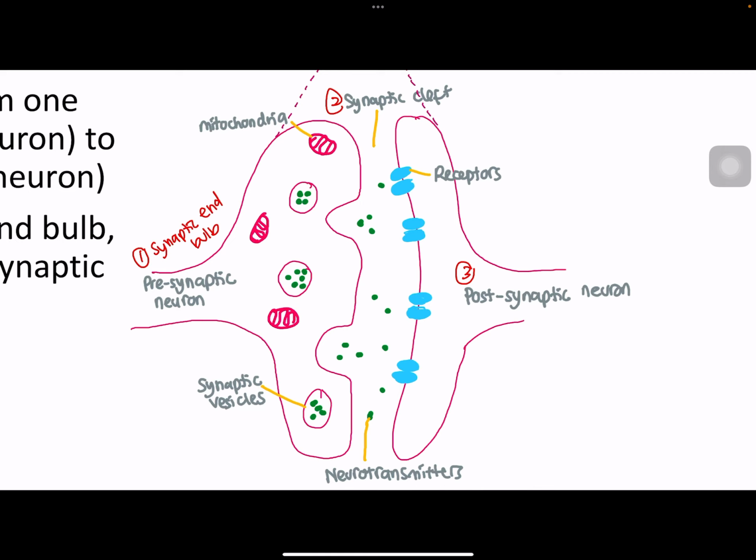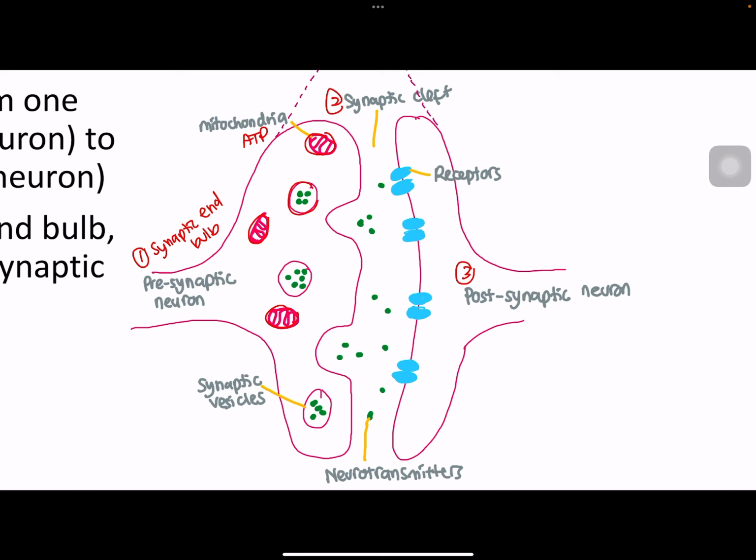Now, on the presynaptic neuron at the synaptic end bulb, there are a lot of mitochondria, which help to generate energy in the form of ATP, because there are a lot of processes going on in the synaptic end bulb. For example, the synthesis of the neurotransmitter, the release of the neurotransmitter, and so on.